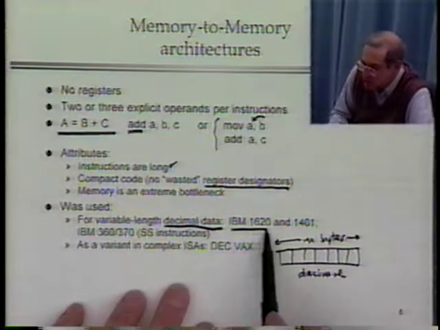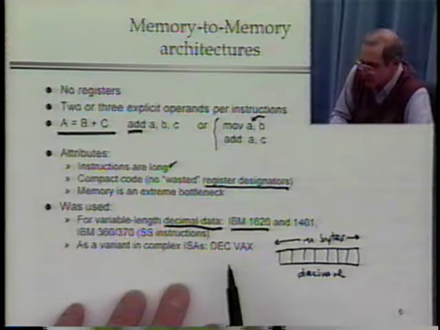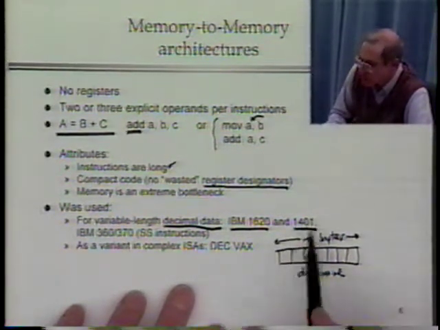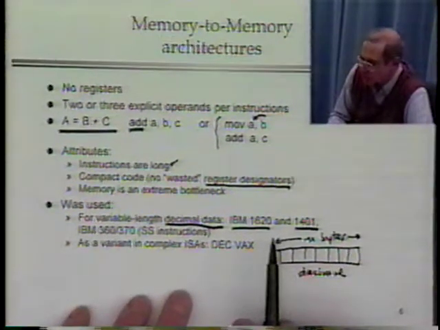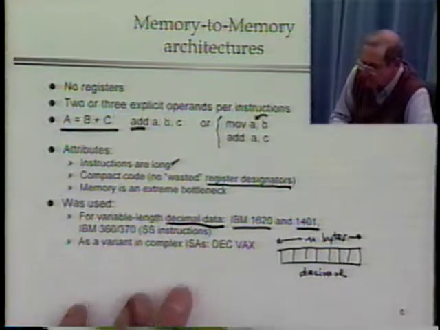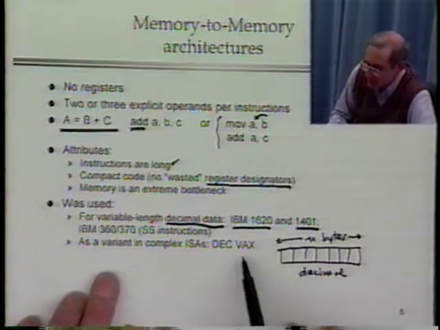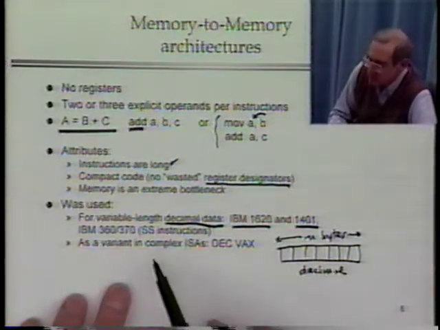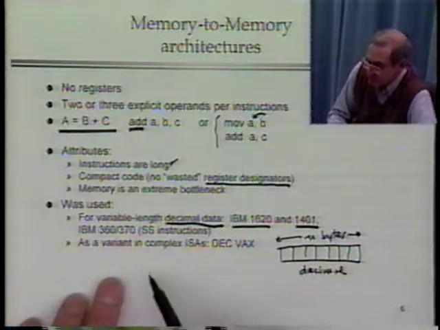The IBM 1620 was a BCD machine used primarily for scientific computation that had memory-to-memory architecture. The IBM 1401 was the equivalent kind of machine for doing business operations, which also used BCD. And even in more recent machines like the IBM 360 and in the VAX, memory-to-memory architecture instructions tend to be a subset of an existing register-like machine.